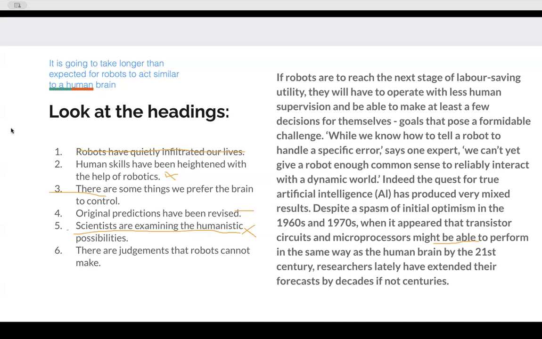"There are judgments that robots cannot make." We talked about that, yes, there are judgments robots cannot make, right? They need supervision. But was the passage entirely about this? No, it was about "Original predictions have been revised," because we said it's going to take longer than expected for robots to act similar to the human brain, right?